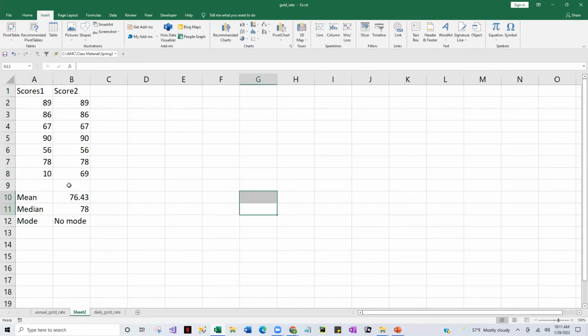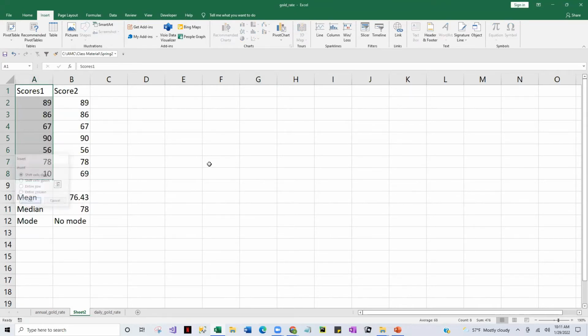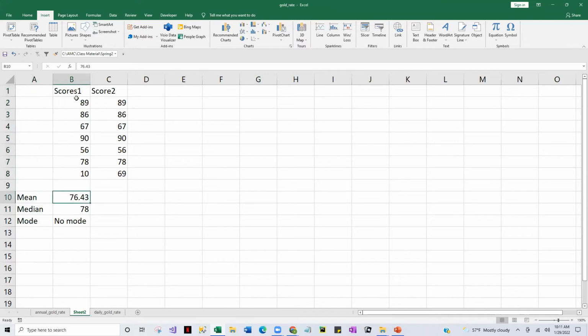For score 1, the mean is going to be 68 and the median is going to be 78 for sure, and no mode. For this one, the mean is going to be 76.42, the median 78, and no mode.